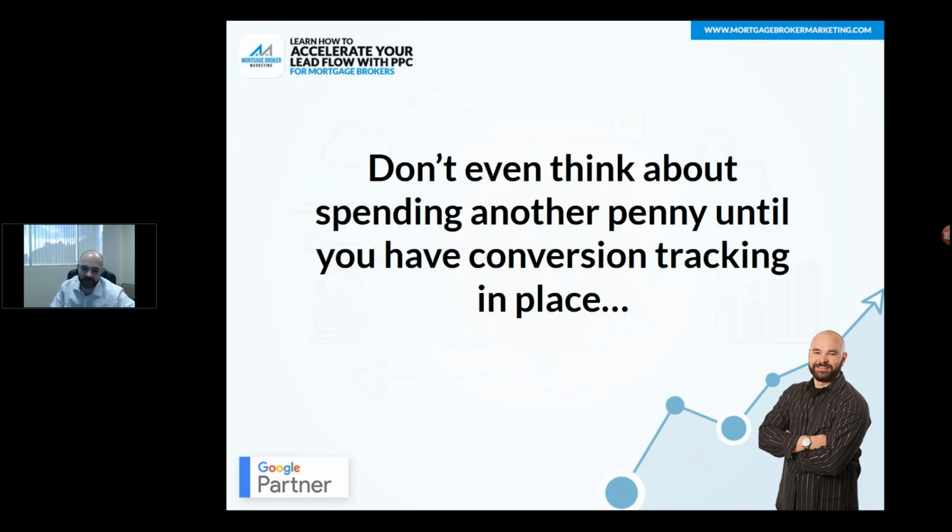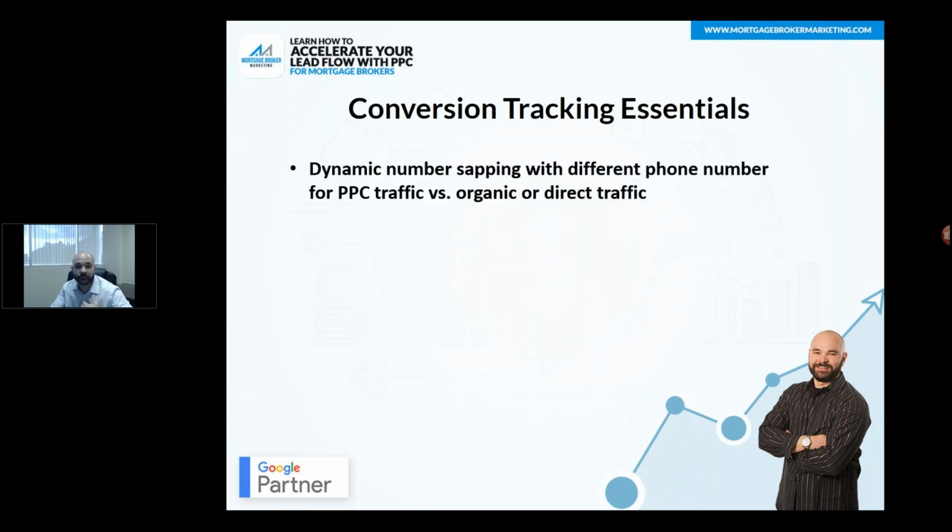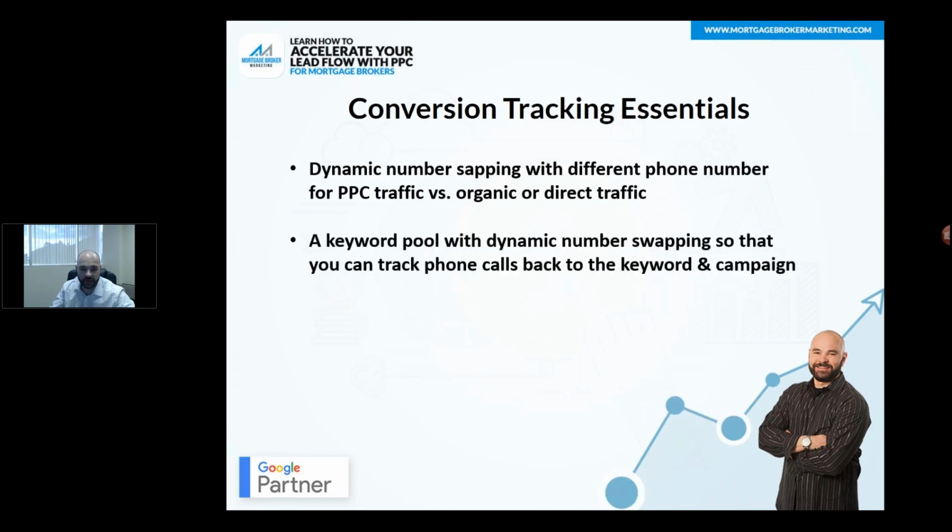Do not even spend another dime if you don't have conversion tracking properly set up. So some of the essentials: there's a way to differentiate the phone number on your website between pay-per-click traffic and organic traffic, and it's called dynamic number swapping. You can have a pool of phone numbers that would be switched out depending on what the person typed in pay-per-click.